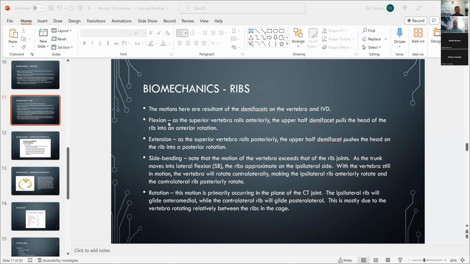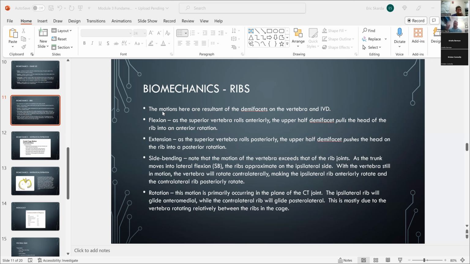But looking at it in relationship to movement of the trunk, the mechanics that we're discussing on this slide are not related to inspiration and expiration. They're related to the same cardinal plane movements that we produce with the trunk. So flexion: if we roll forward, the superior segment is going to produce that anterior roll.